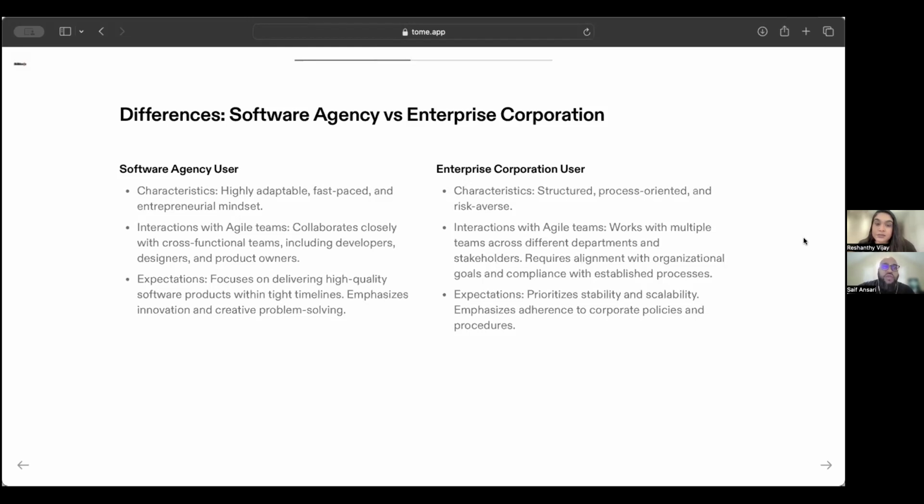All right. So now moving on, you might be wondering, why are we looking at the differences between a software agency versus an enterprise corporation? Now, the 25 years of experience that Rashanti and I bring, we've worked in multiple different types of orgs, from startups to medium-sized to large global enterprise corporations. There are subtle differences.